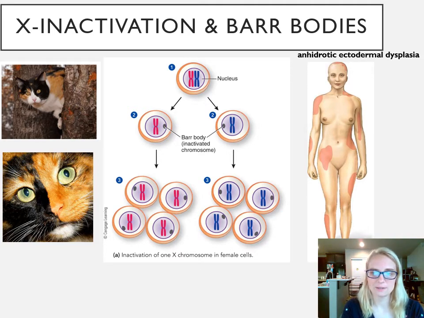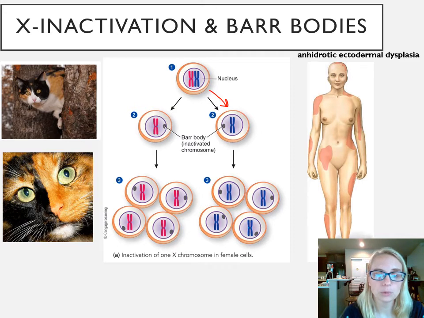It's called X inactivation. And so this randomly happens very early on in embryonic development. So it's a random turning off or inactivation of one of the X chromosomes. For example, we have a maternal and a paternal, so the pink and the blue. One possible outcome is the pink chromosome gets inactivated and the blue chromosome is what's left to be expressed.